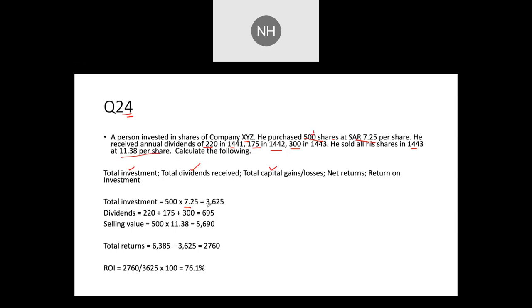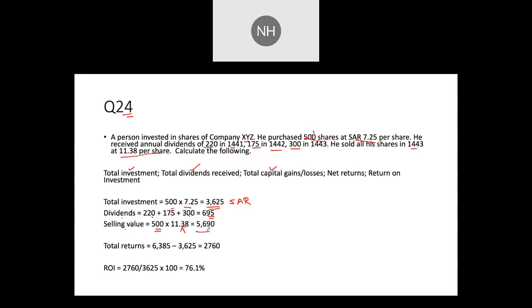So let's see, 500 shares he purchased at 7.25. So total he spent or invested 3,625 riyals. Dividends he got for 3 years. So no calculations, only add them: 220, 175 and 300. Adding up, it comes to 695. And the selling value of the share, the number is the same, 500, he sold it at 11.38.